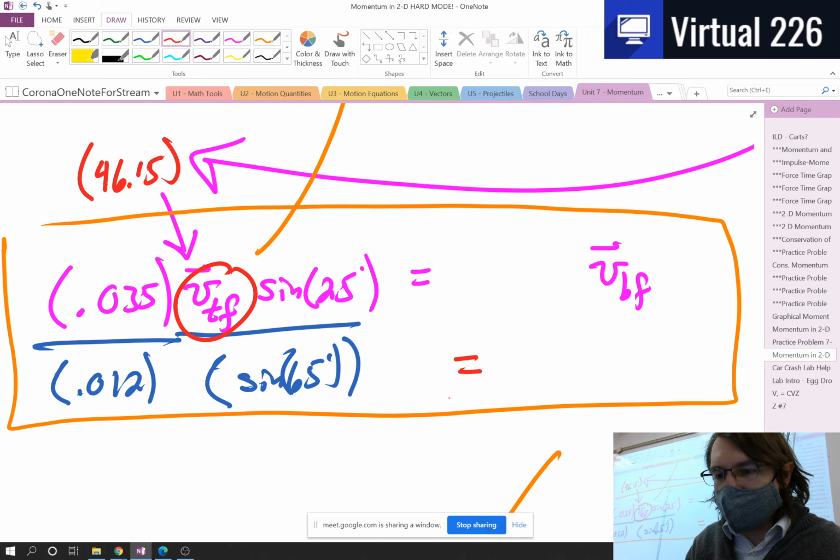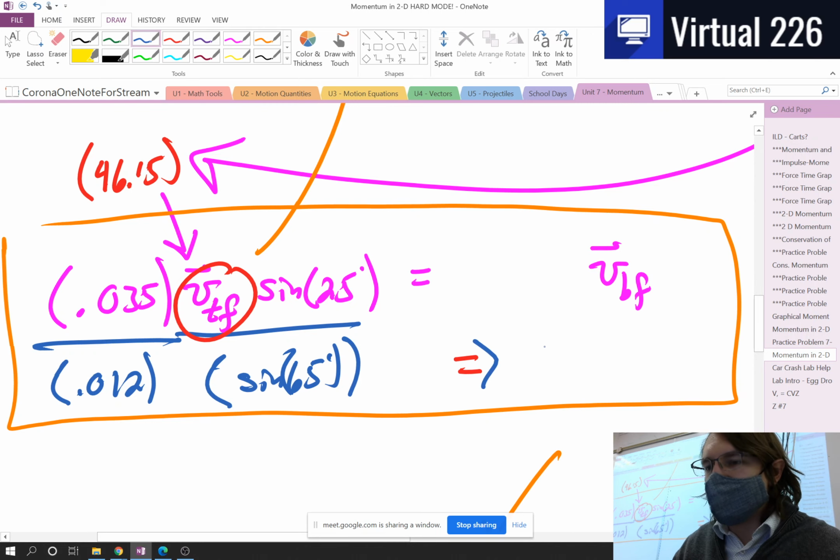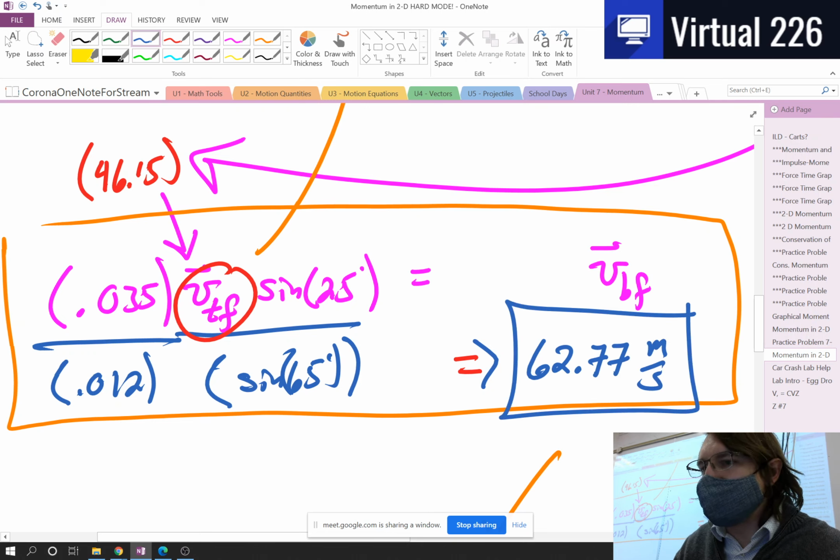Divide by 0.012, I get 56.886. And now I'm going to divide by the sine of 65 again. Remember, that sine of 65 is also in the denominator, so I'm dividing by the sine of 65. And we find that the final velocity of the bullet comes out to be 62.77 with some rounding meters per second.